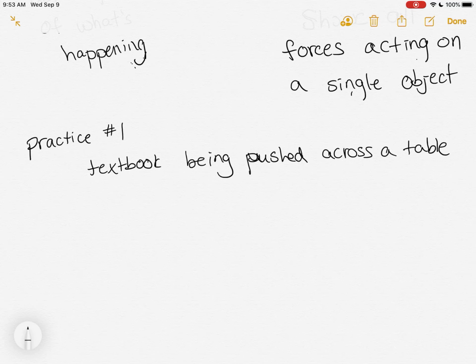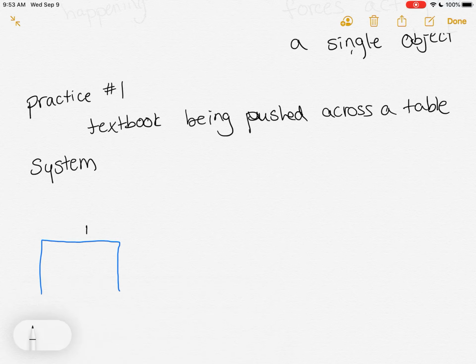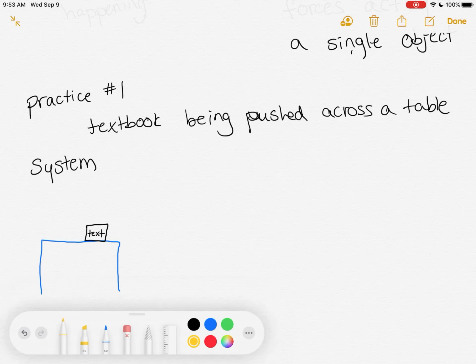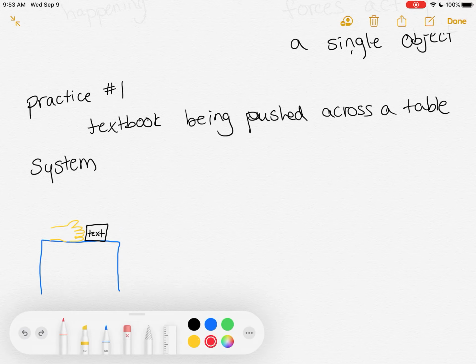Okay, so we're going to first draw the system diagram. With our system diagram, we're going to draw our table. Okay, so that's going to be my table. And then I'm going to draw my textbook sitting on top of my table. Okay, and then I'm going to add my hand that is pushing on the textbook.